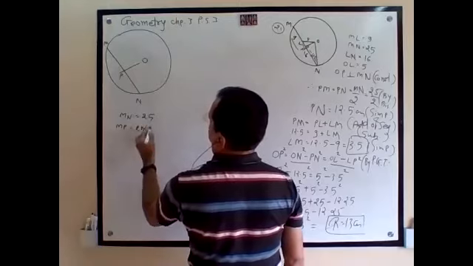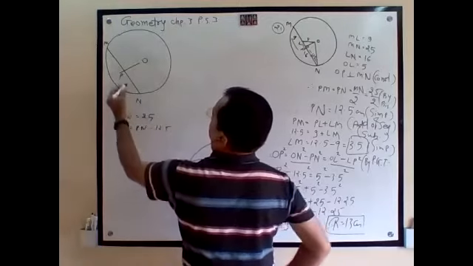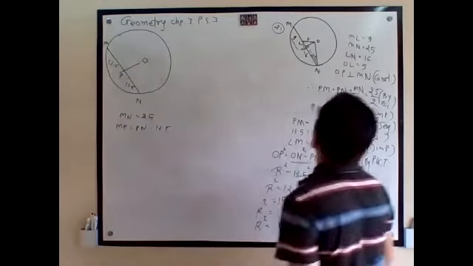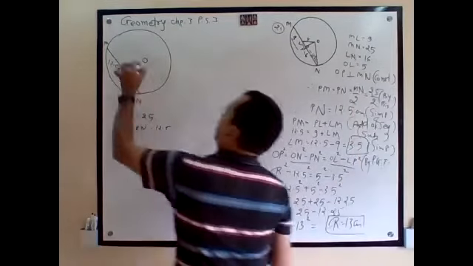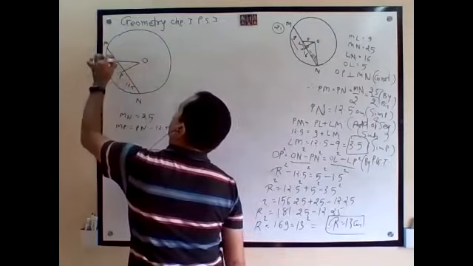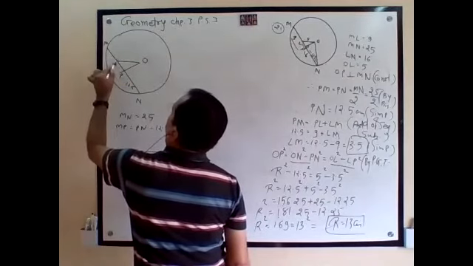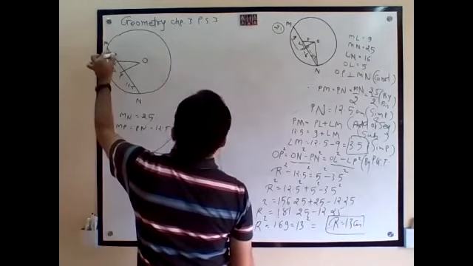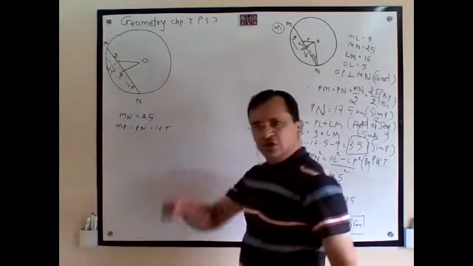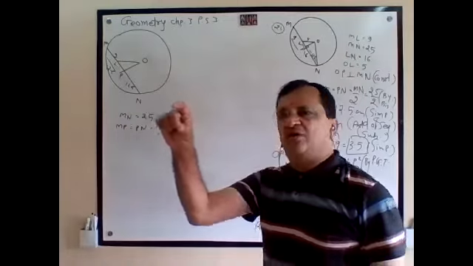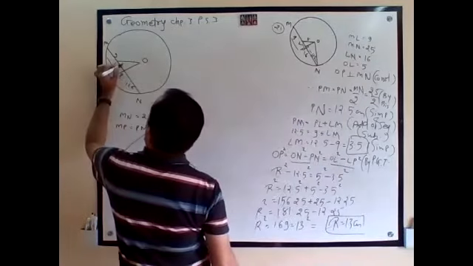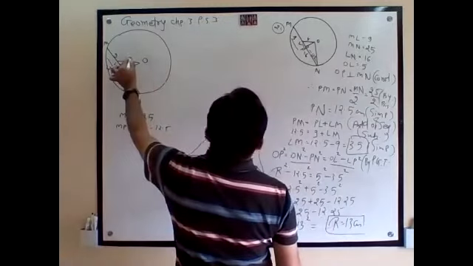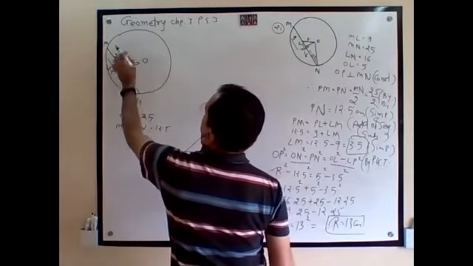MP is equal to PN is equal to 12.5. So 12.5, 12.5. Now it is given L. So 12.5, this much is 9. So from 12.5, 9 goes, so 3.5. This much is given 5.